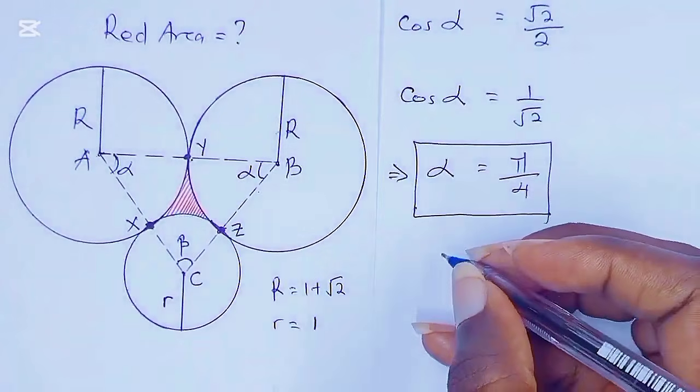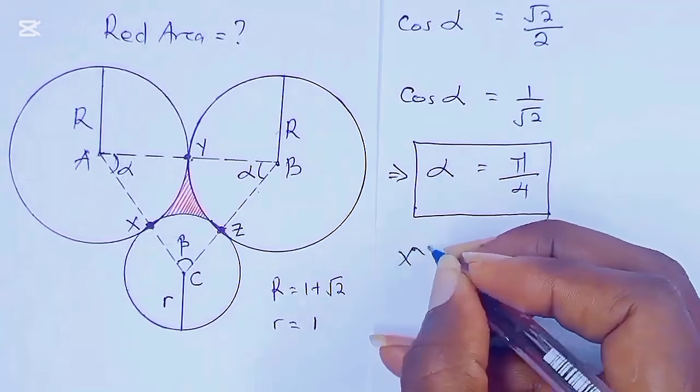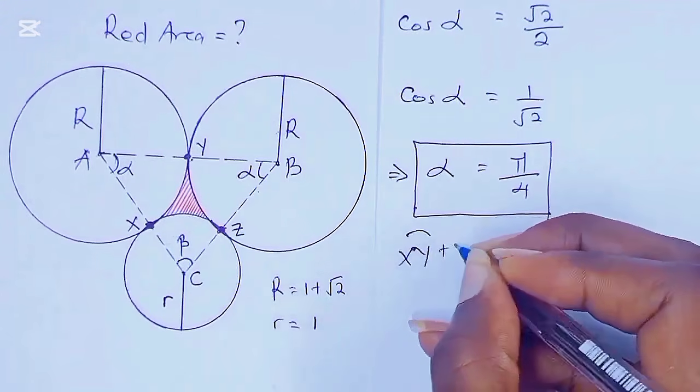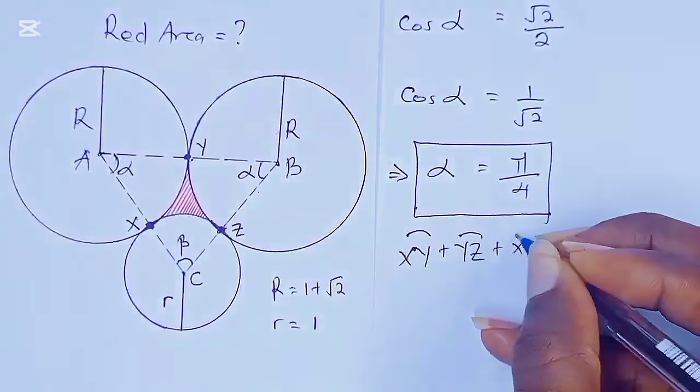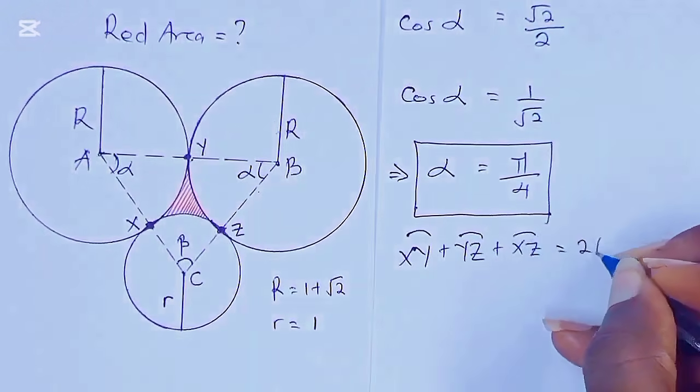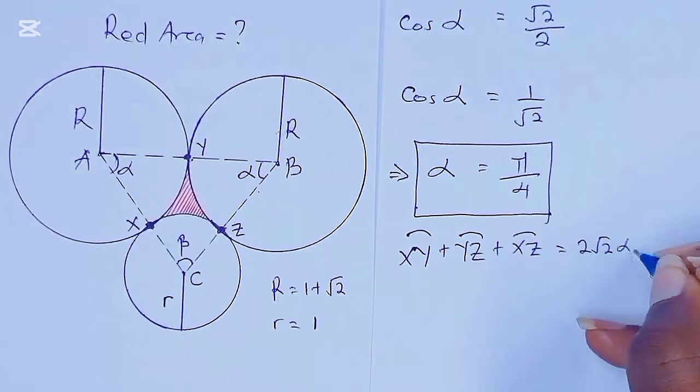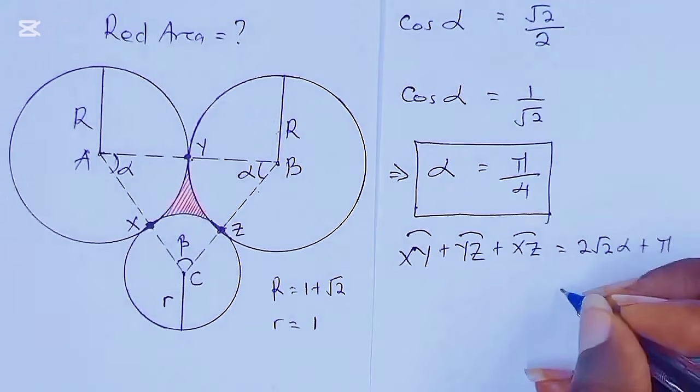Remember, we said that xy plus yz plus xz is equal to 2 root 2 alpha plus pi.